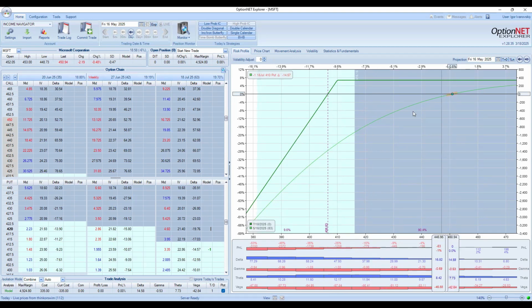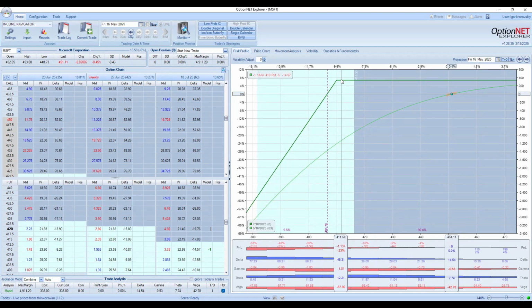This is a great way to use this strategy to acquire shares at a lower price, instead of putting a buy limit order at 410 and waiting for the stock to come to you. You are already committed halfway. You have to put up $41,000, but you don't own the stock.